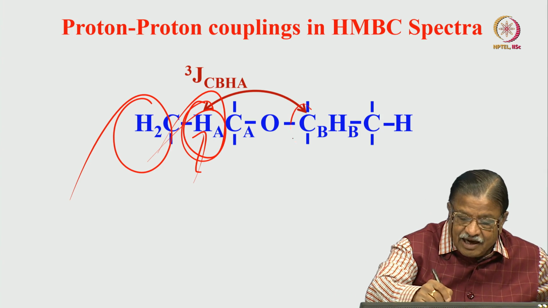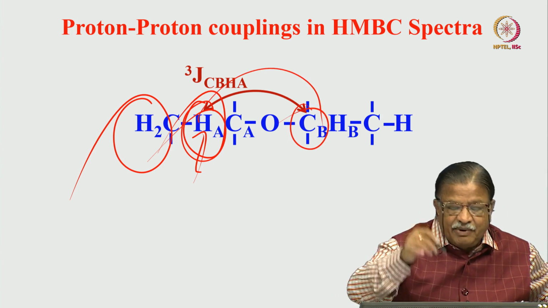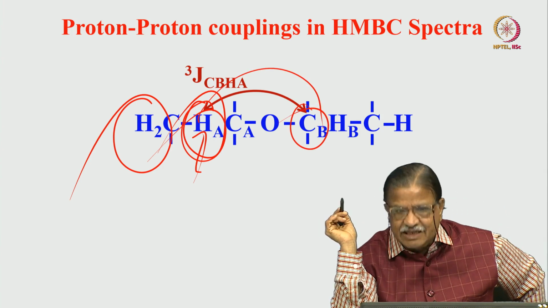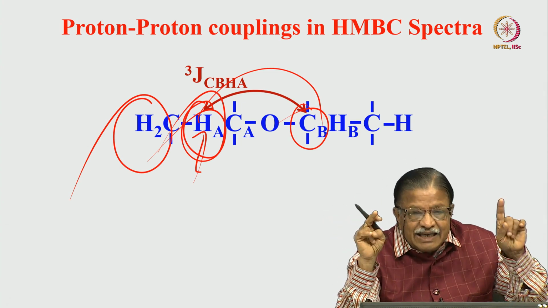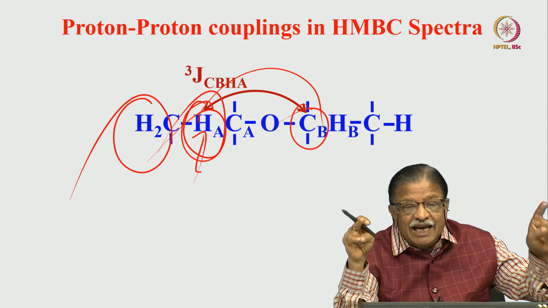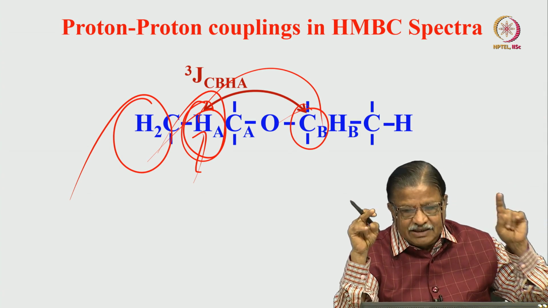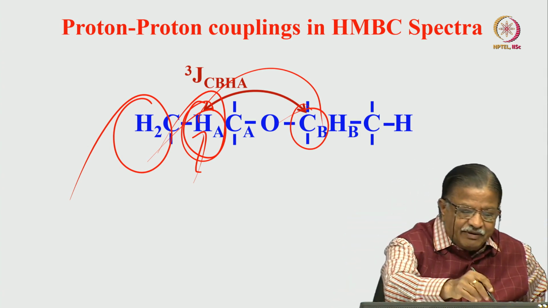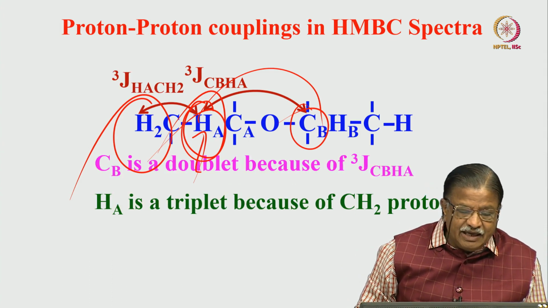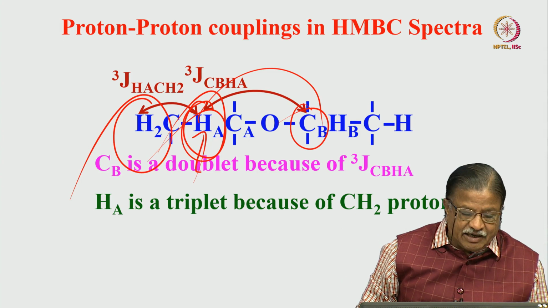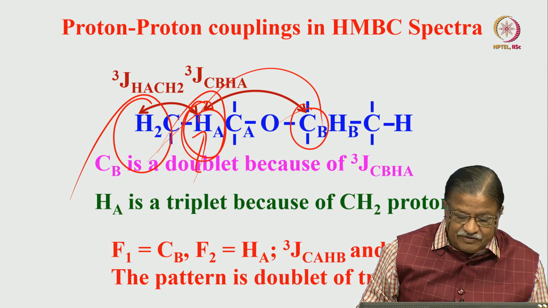First, this carbon is a doublet because of long range 3J coupling, and then each line of the doublet is a triplet because of coupling with the CH2 protons. This is what you are going to get. HA, Cb is a doublet because of 3 bond coupling and a triplet because of the CH2 protons.